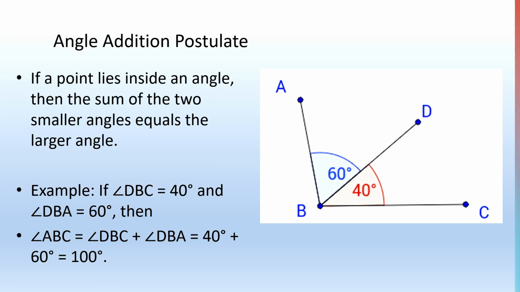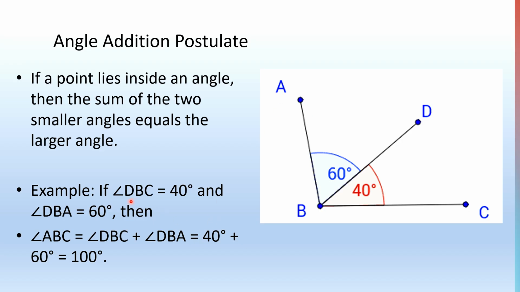Now if we want to add angles together, we use what's called the angle addition postulate. If a point lies inside an angle, then the sum of the two smaller angles equals the larger angle. So this is just telling us this angle 1 plus angle 2. In this case, this would be angle CBD and DBA.